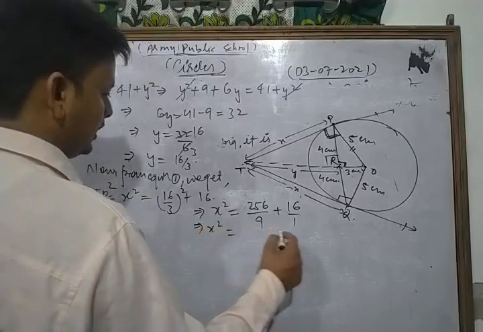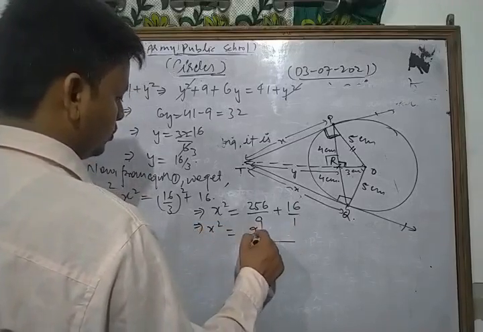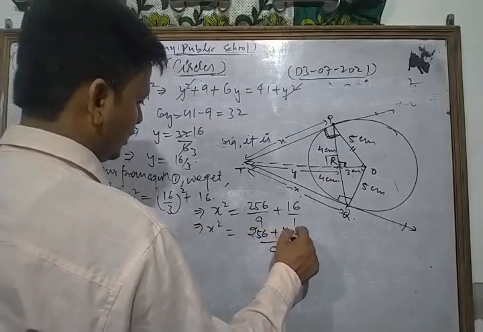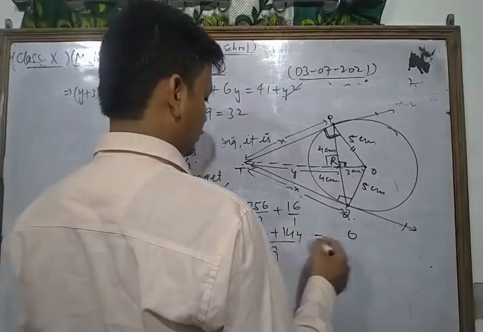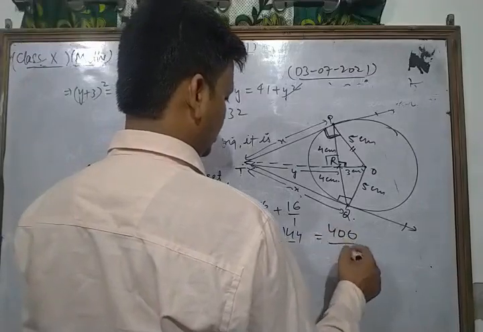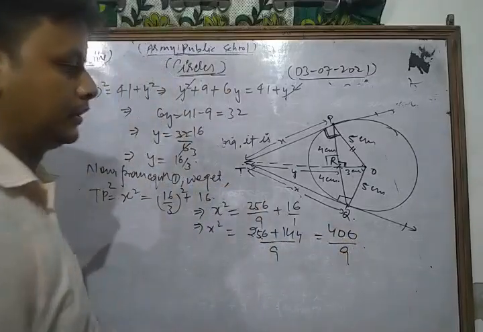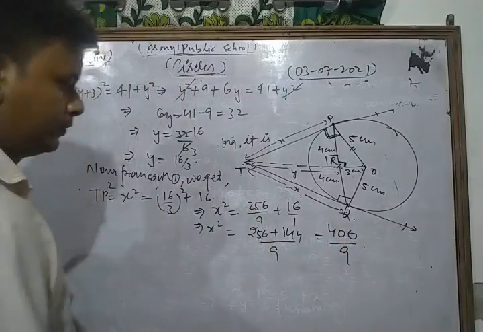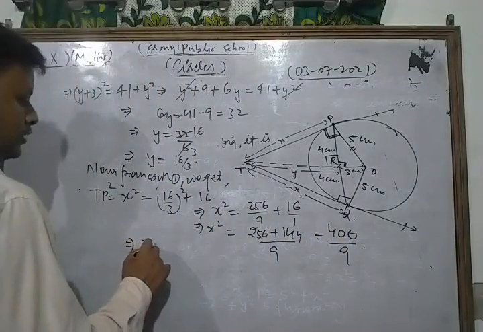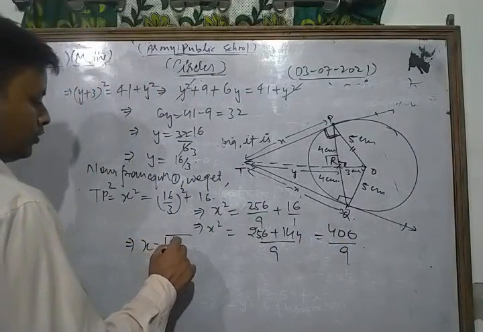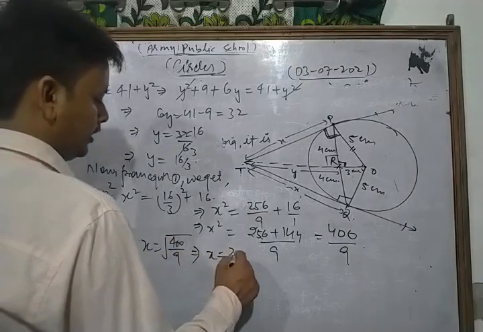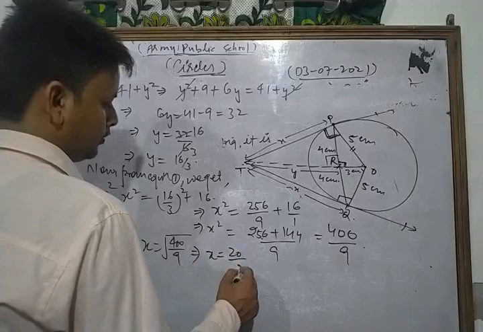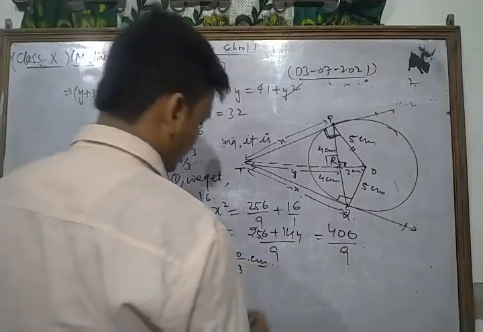So for X square we take 9 as LCM, so 256 plus 144, that is 400 upon 9. Now X is equal to under root 400 upon 9. The square root of 400 is 20, and the square root of 9 is 3. So 20 upon 3 centimeter.